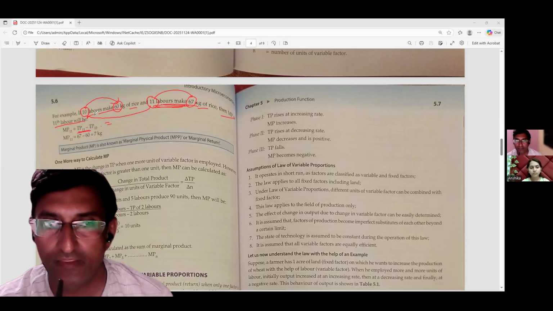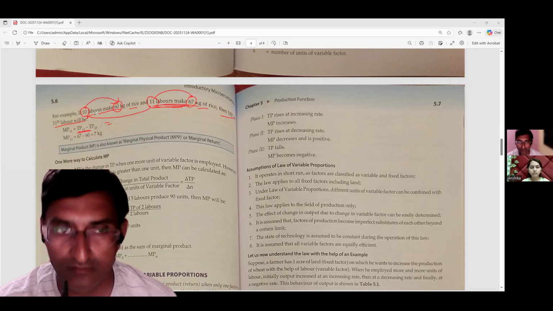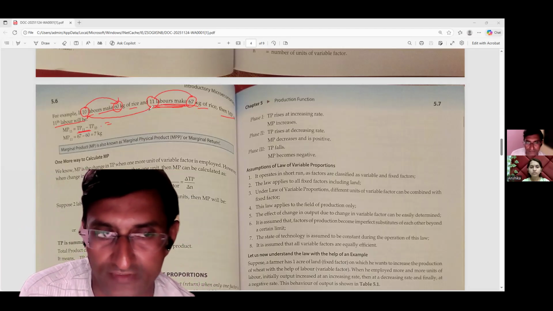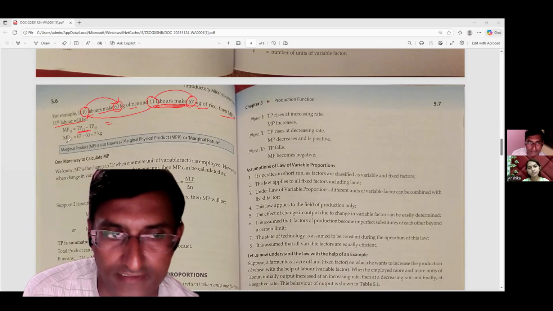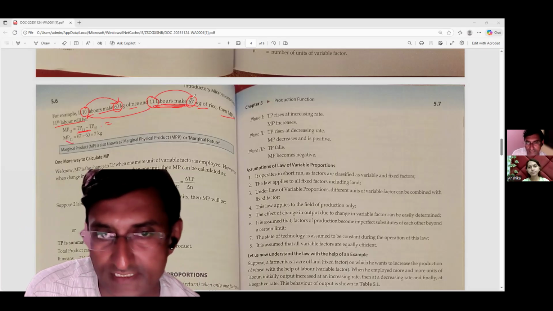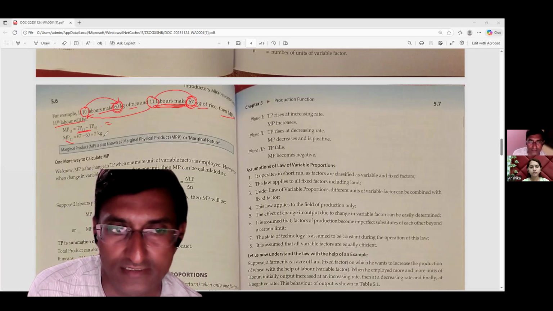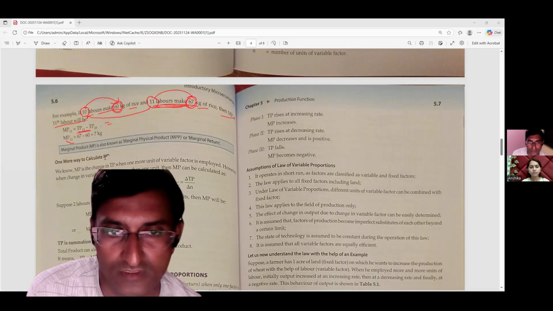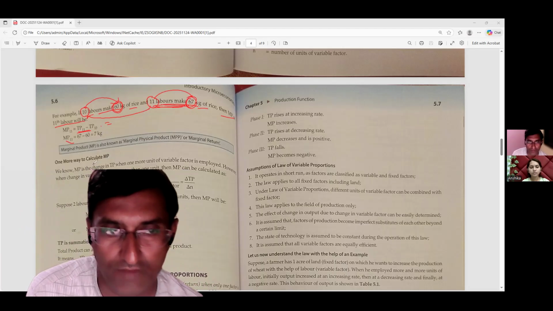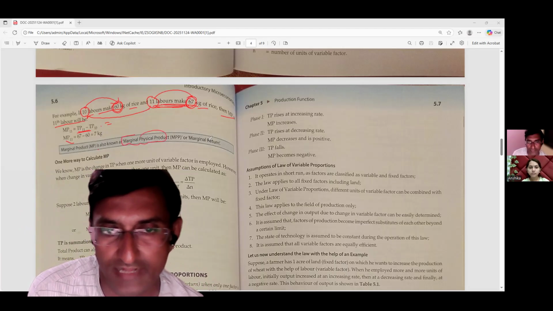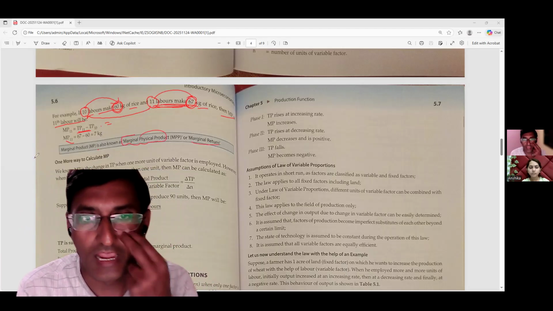In this case, MP stands for the marginal product produced by the 11th laborer. Now MP11 is equal to 67 kg of rice minus 60 kg of rice, which is equal to 7 kg. So you have found it out: marginal product is also known as marginal physical product or marginal returns. I'll repeat it again.